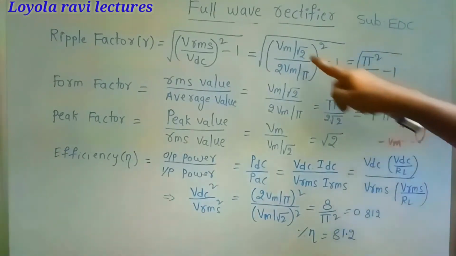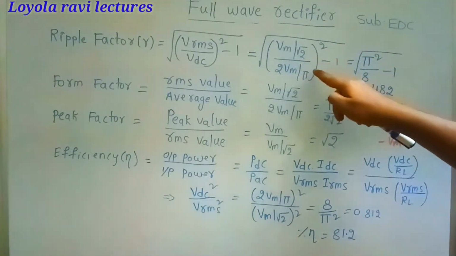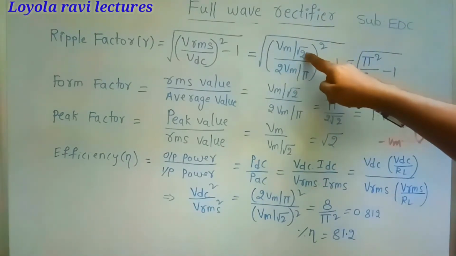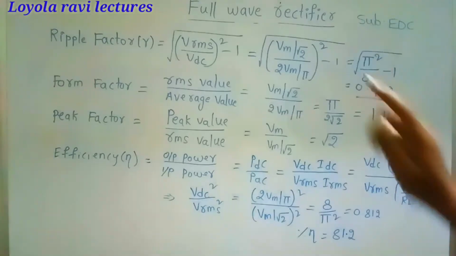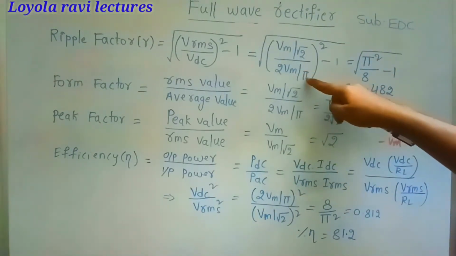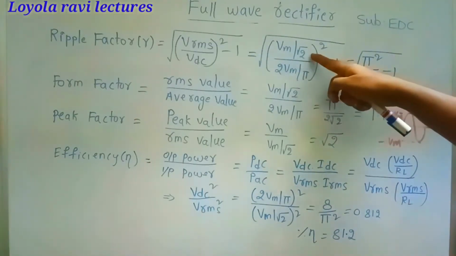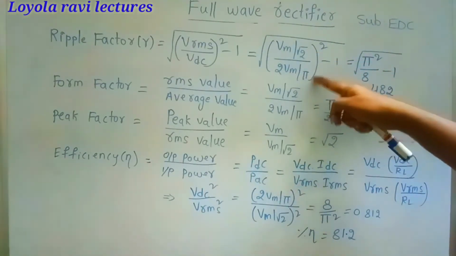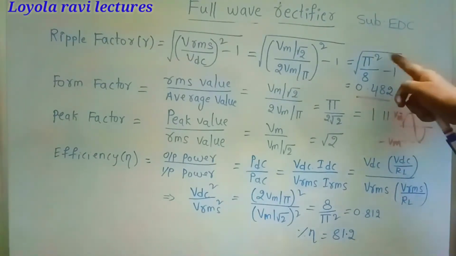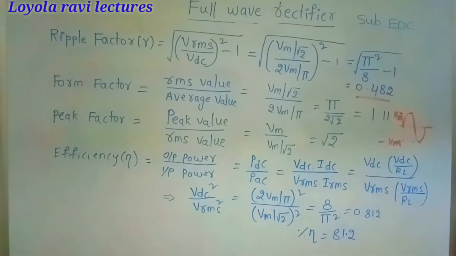Vm square gets cancelled, and 2 square is 4, and root 2 square is nothing but 2, so pi square by 8. Here 2 by pi gives pi square by 4, and this root 2 comes to the denominator, square is 2. Pi square by 8 minus 1 is 0.482. So the ripple factor is 0.482.